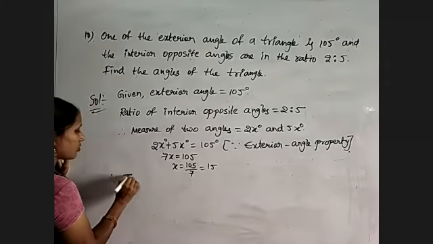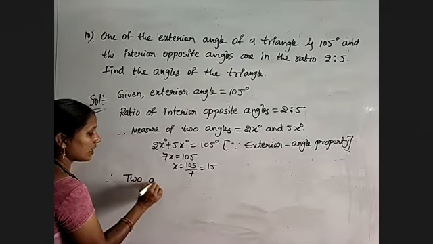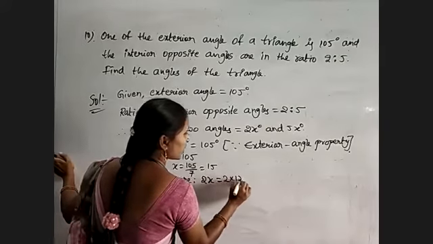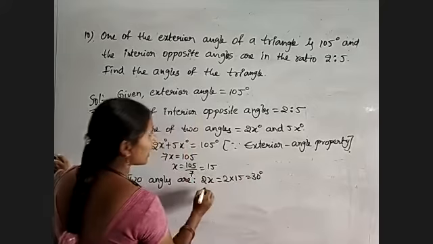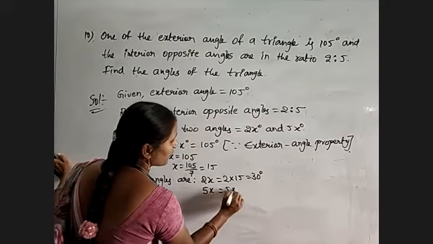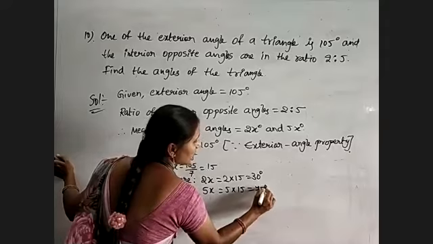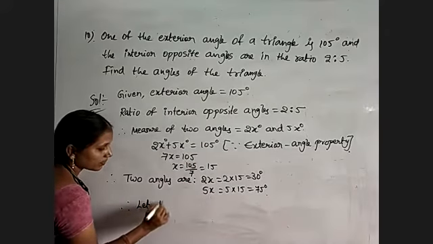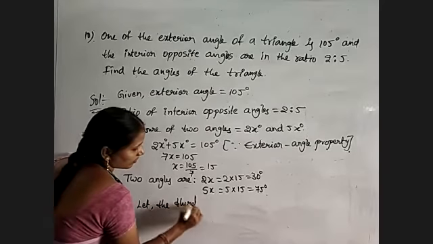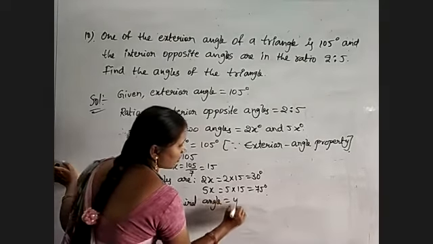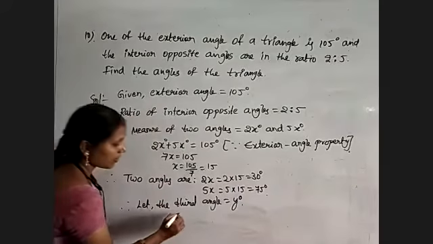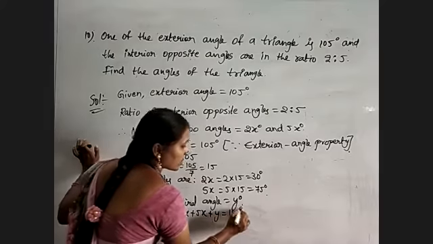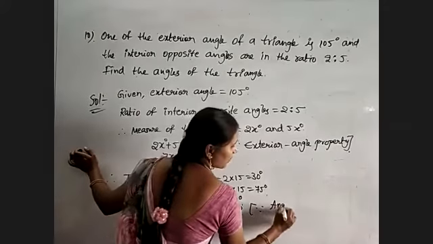Therefore, two angles of the triangle are 2x, which is 2 into 15, 30 degrees, and the second angle is 5x, so 5 into 15 is 75 degrees. Let the third angle be y degrees. By the angle sum property of a triangle, 2x plus 5x plus y is equal to 180 degrees.